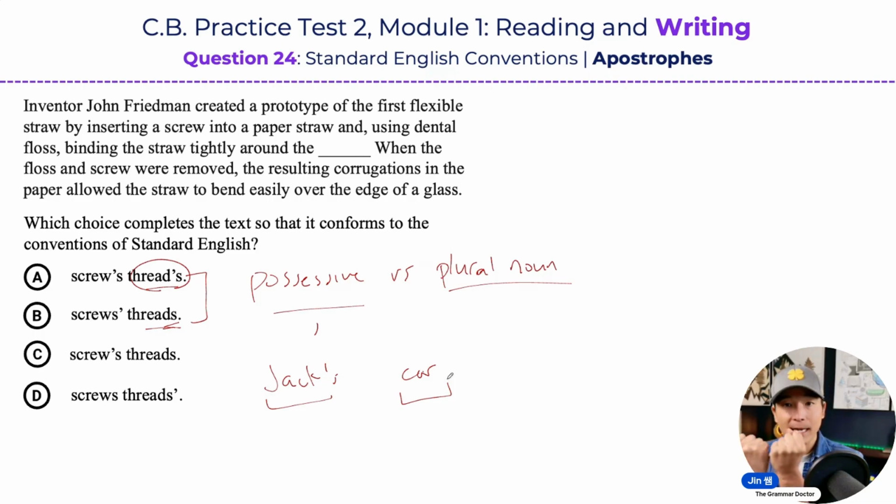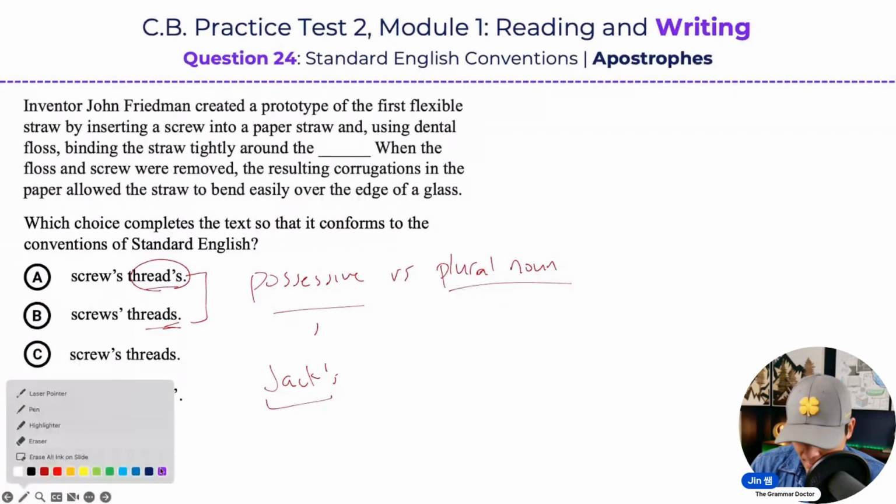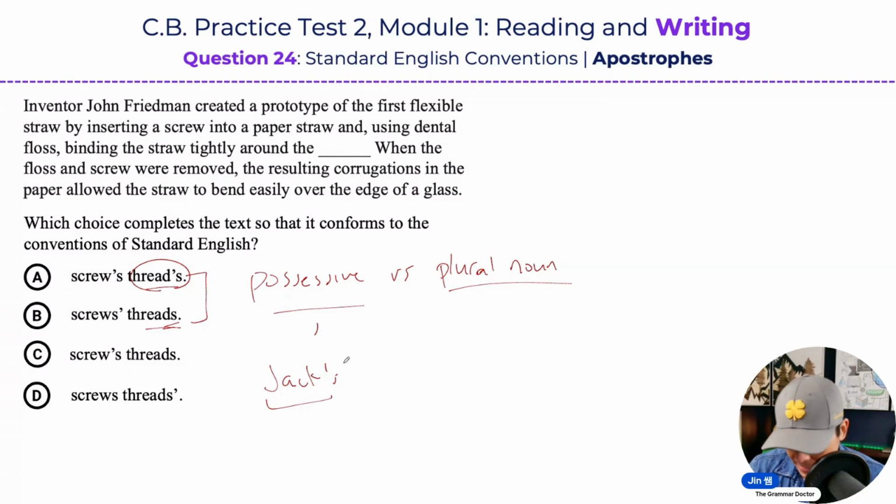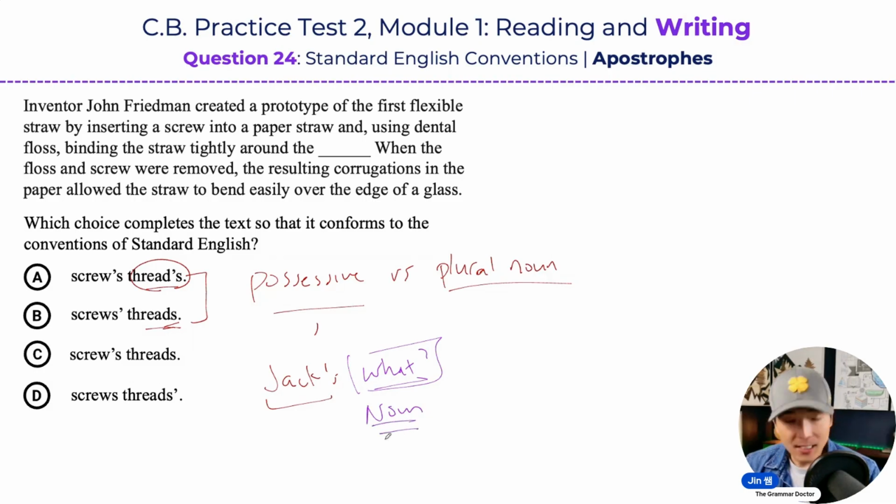That's because a noun has to possess another noun. A noun cannot possess nothing, right? So if I said Jack's and then I ended the sentence here, you guys would all stare at me and be like, what? Jack's what? Because there is no noun that the apostrophe noun can possess. So this is why you have to have another noun here, okay? So that's one thing that you're checking for.